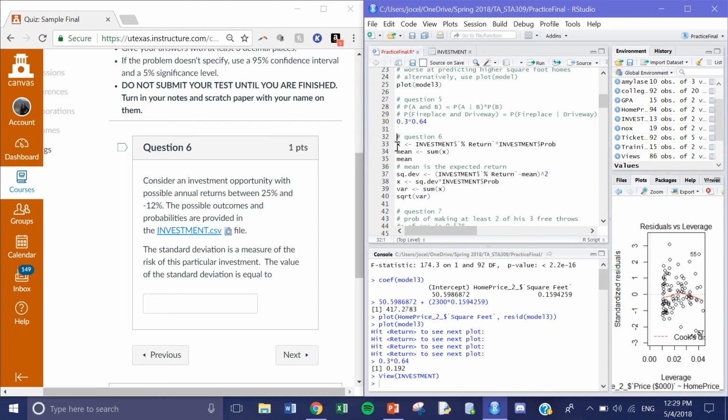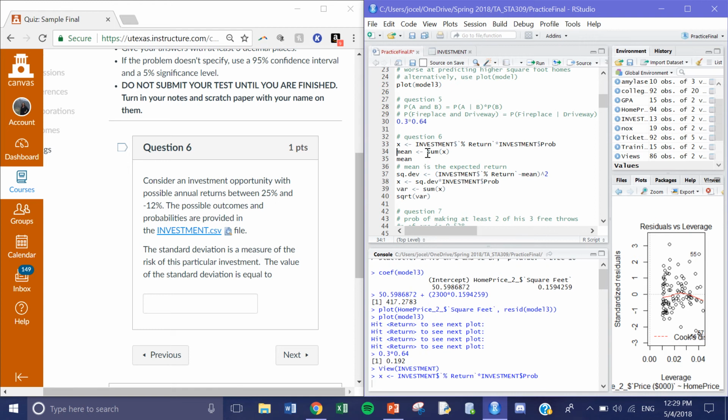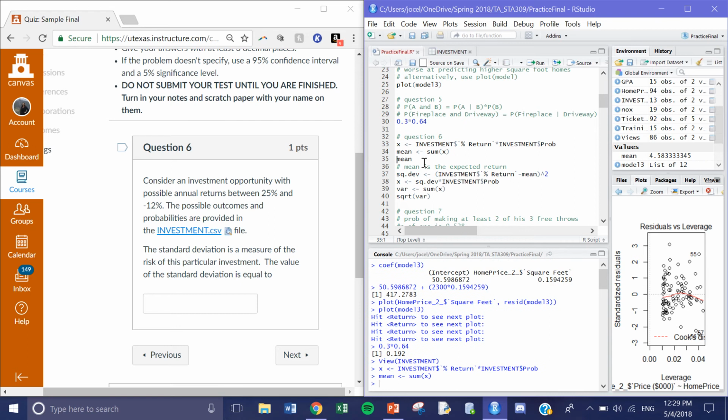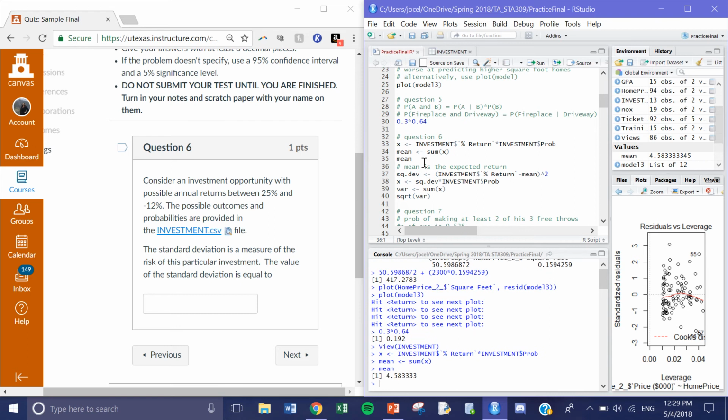The first thing I'm going to do is calculate the expected value, which is the sum product of the returns times the probabilities. I'm going to make a new vector of all of the returns times all of the probabilities, and sum up that vector to find the expected value. So the expected return is 4.58%.